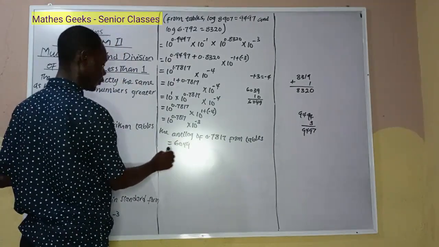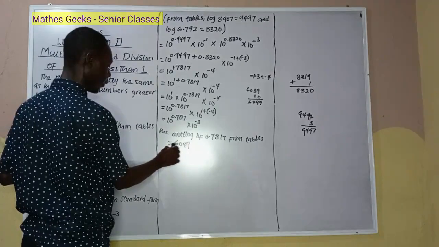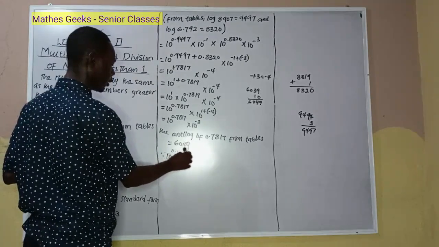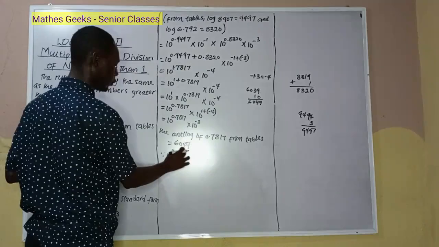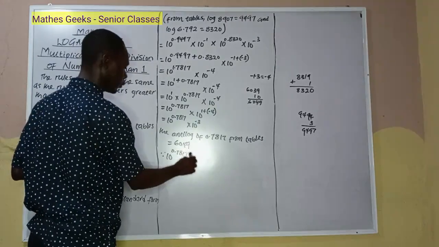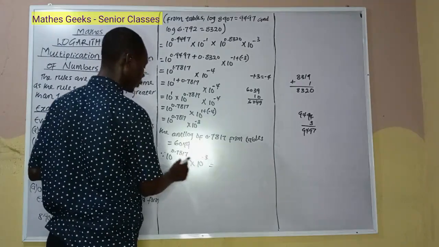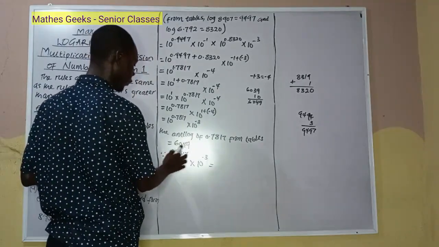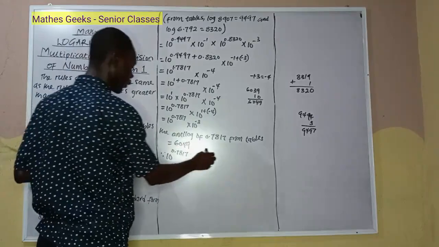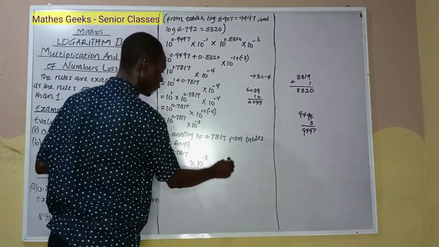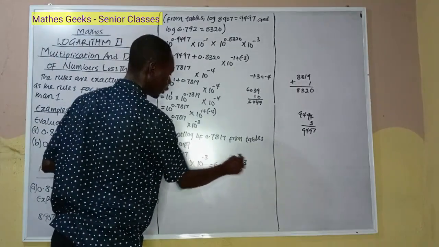So therefore 10 raised to 0.7817 times 10 raised to minus 3 is equal to 6049 times 10 raised to minus 3.